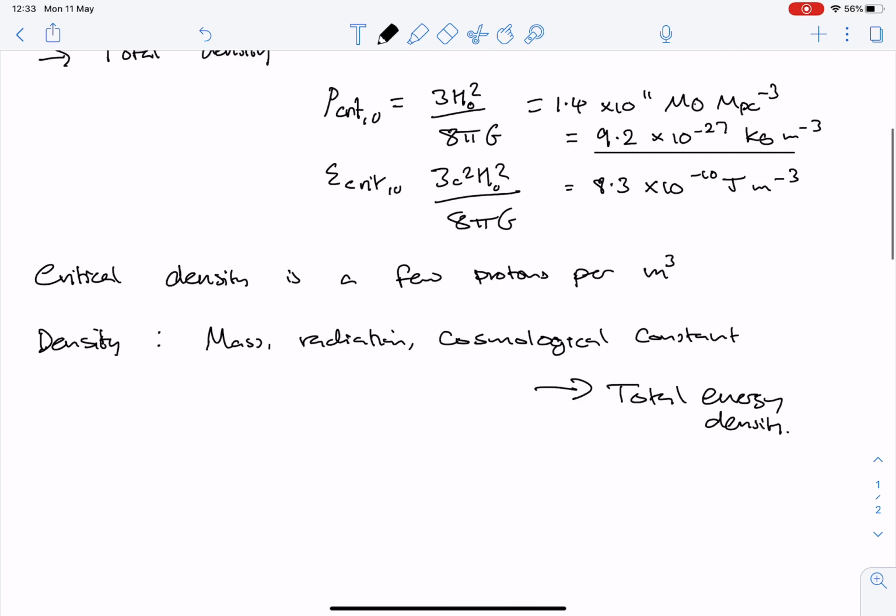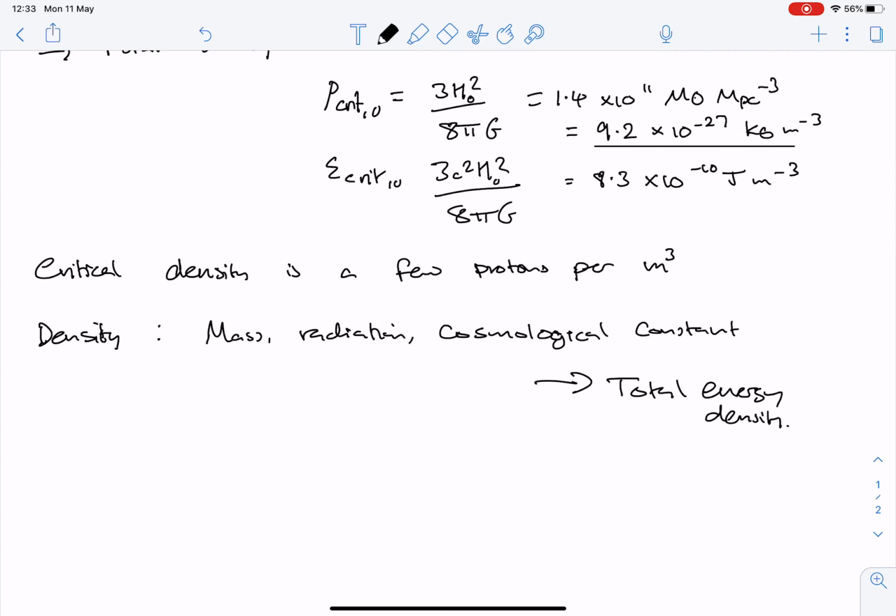And for simplicity, we're going to express this in units of the critical density. And we're going to express this as omega, which is equal to rho universe over rho crit. Or equally, E universe over E crit.